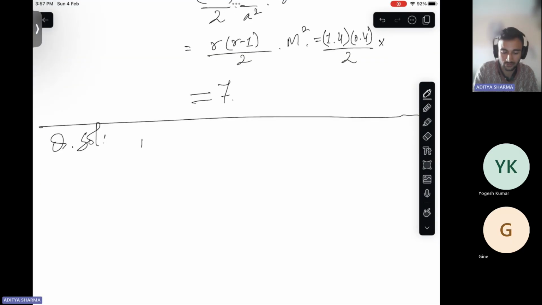So Mach is given as 2. We need to find the Mach cone angle, which is also alpha. Let's call it alpha. Then we have seen that sine of alpha is equal to 1 by M, right?